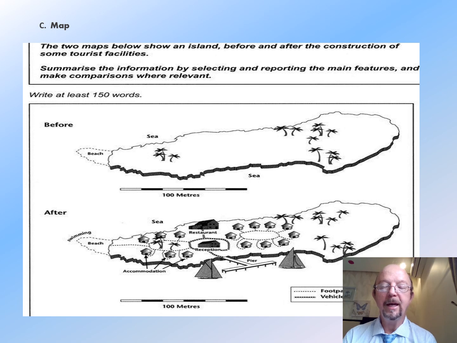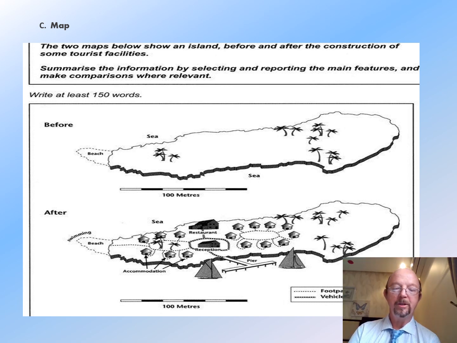Another type of question that can be posed in IELTS Academic Writing is to talk about a map and the changes that have happened to a particular area. You will see that there are many changes that have happened to this island. There was really nothing except trees and a beach on the island, and due to development, people have built a restaurant.